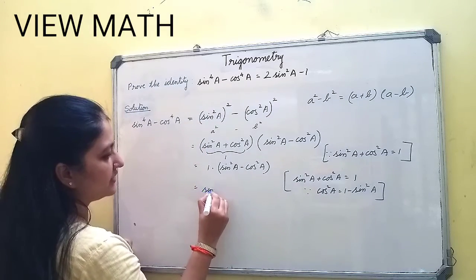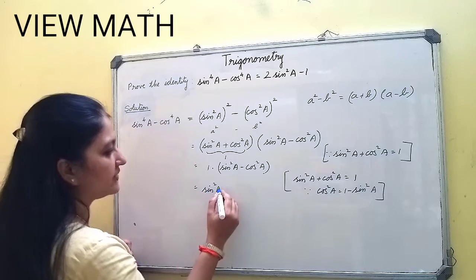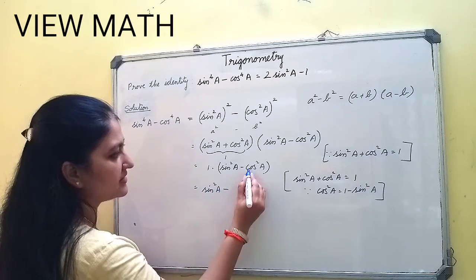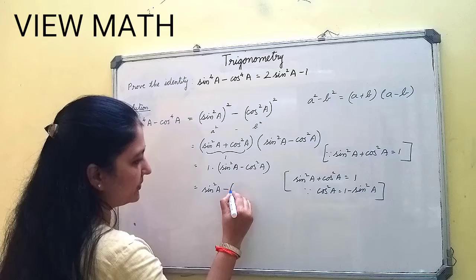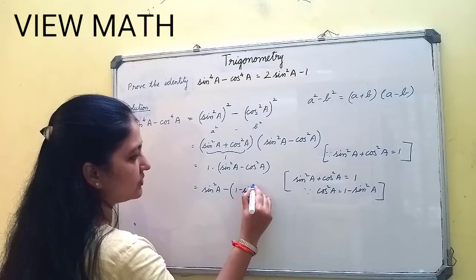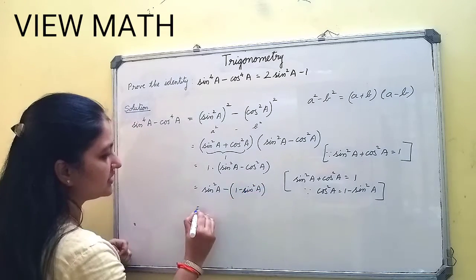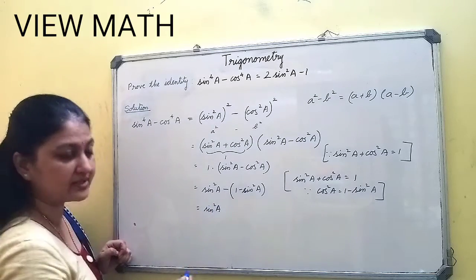So sin square A, 1 into this is same, so I am not writing 1 here. Sin square A minus cos square A, I am going to change it as sin square A minus, let me open a bracket, (1 minus sin square A). Let me multiply inside the bracket.